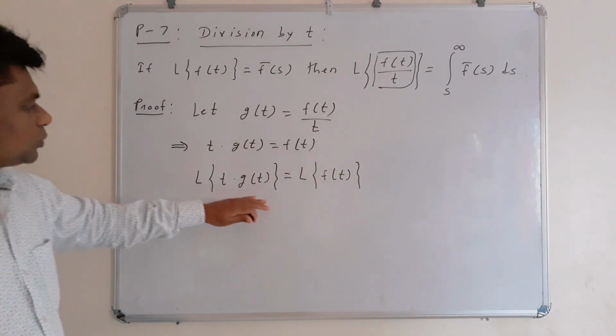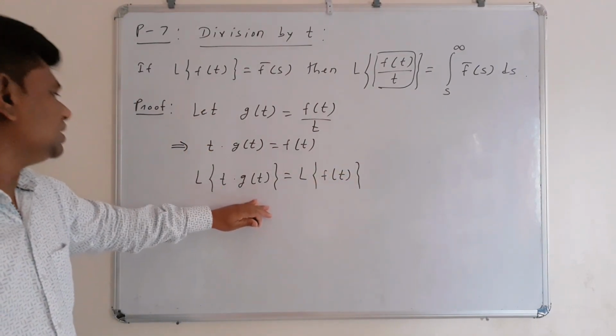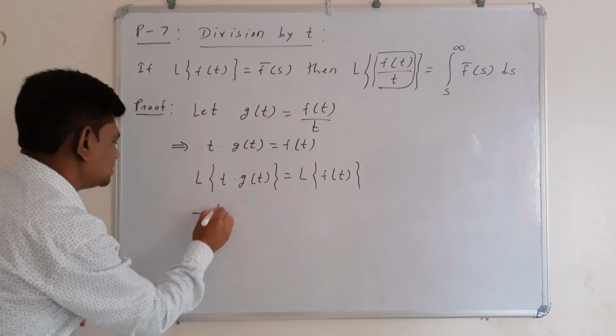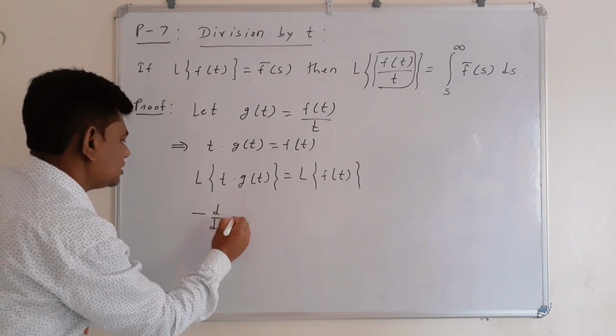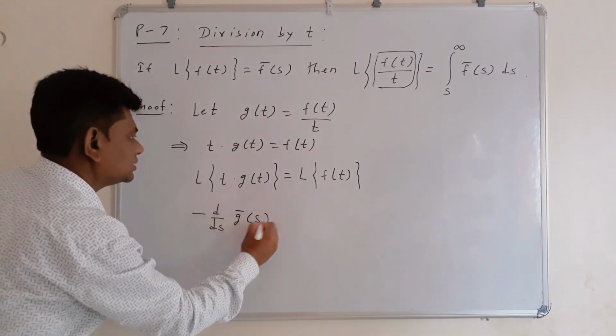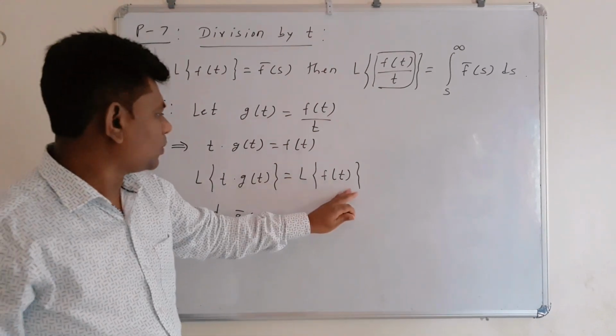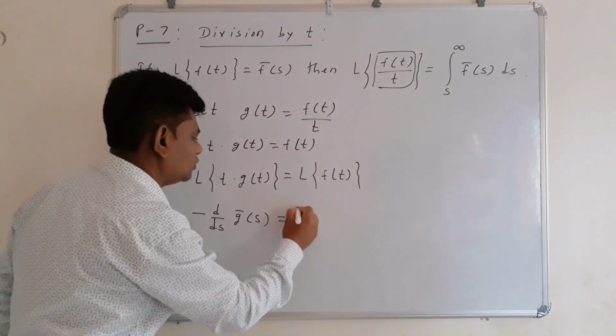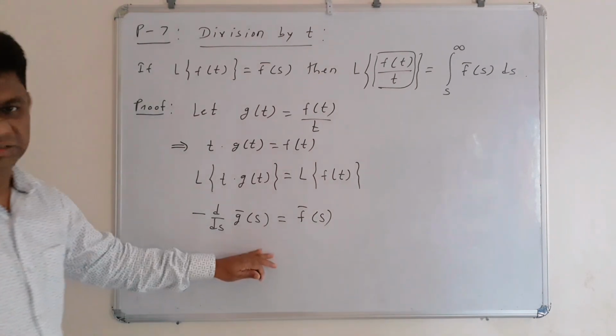Now the Laplace transform of t times g of t is minus d by ds of g bar s, which is equal to the Laplace transform of f of t, that is f bar s.